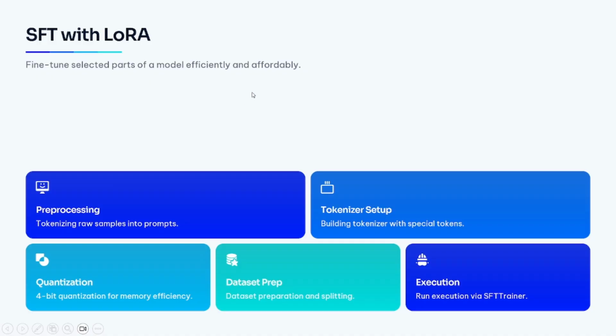Okay, so SFT with LoRA. When you're fine-tuning, you can use these two methods, LoRA and QLoRA, to fine-tune a selected part of a model efficiently and affordably. LoRA is always preferred because it is cheaper. Pre-processing means tokenizing raw samples into prompts, tokenizer setup, building the tokenizer with special tokens. Quantization means implementing 4-bit quantization for memory efficiency.